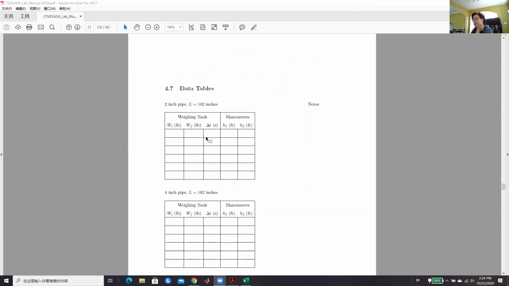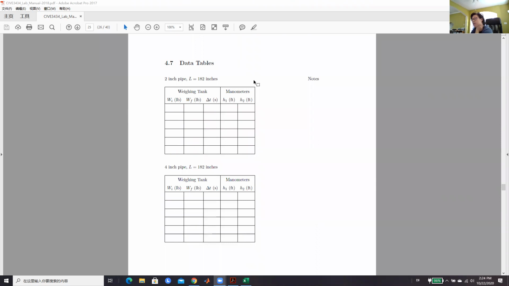Regarding the data table, it gives you all the detailed information you need. For the first table, it's a 2-inch pipe, and L is 182. The second table is for the 4-inch pipe, L is 182 inches. And this is the initial weight, final weight, and the times. For the manometer, here the unit is feet.